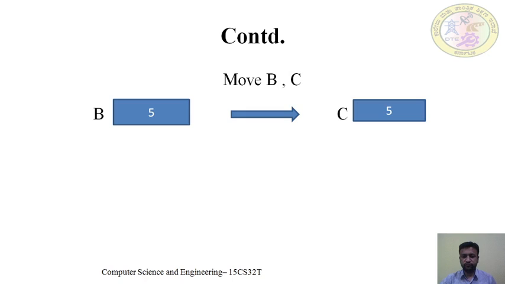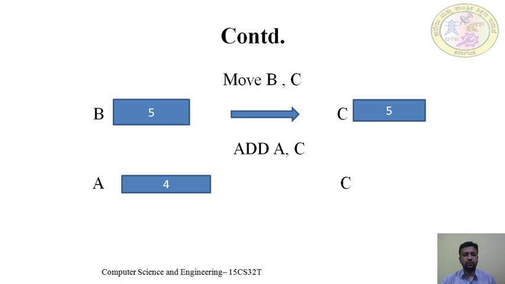After move, then the addition operation add A comma C. So this does nothing but add the A content into C content and store the results in C. So A is having some value 4, and add is the addition operation, that is plus, and C is having value 5. So these need to be added and the results stored into C. So here C is 9.